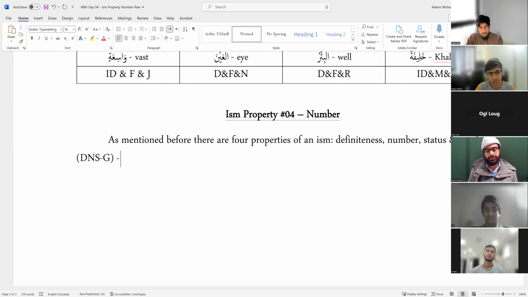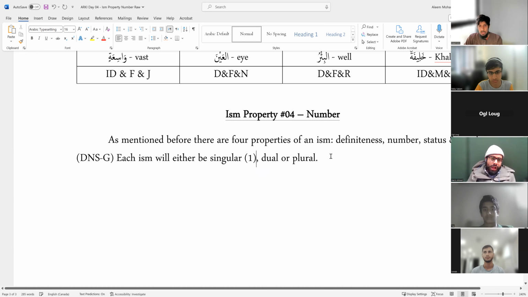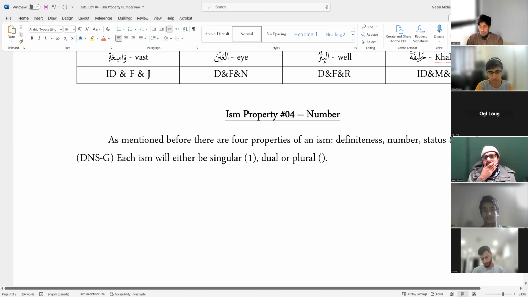So when it comes to number, each ism will either be singular, dual, or plural. And that might sound strange because in English, we're used to just the concept of singular and plural. Singular is 1, of course. Plural in English is 2 or more.